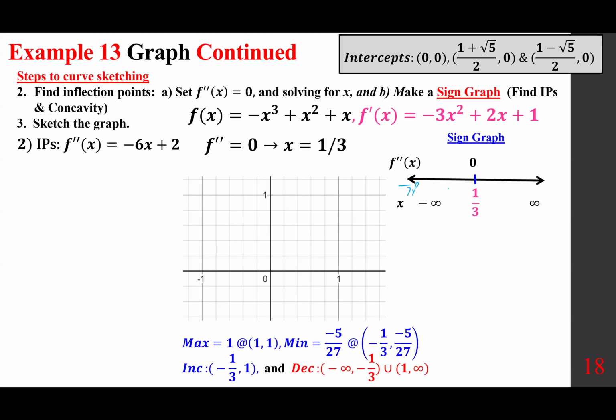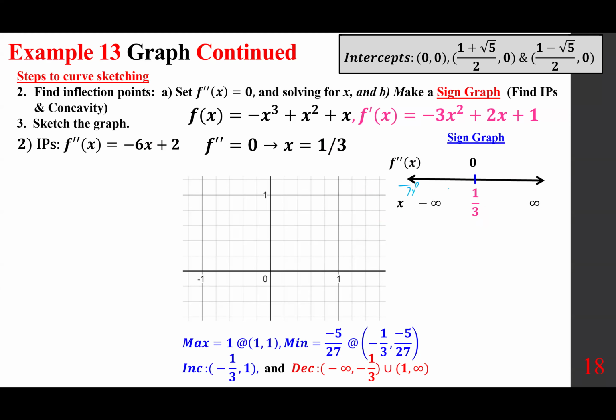Negative 1 plus 3 plus 9 is plus 11. So 11 over 27. And that is the inflection point having precise coordinates of 1/3 and 11 over 27. Now we want to graph it.